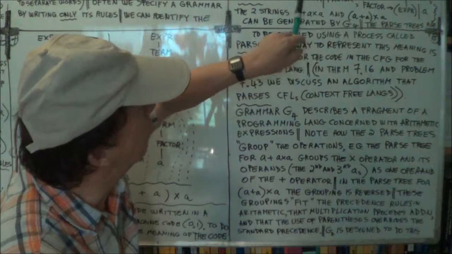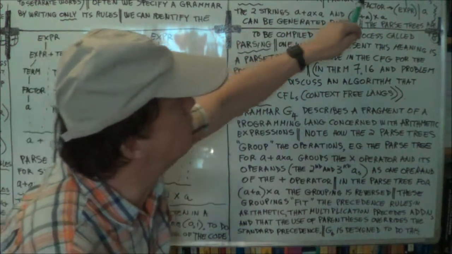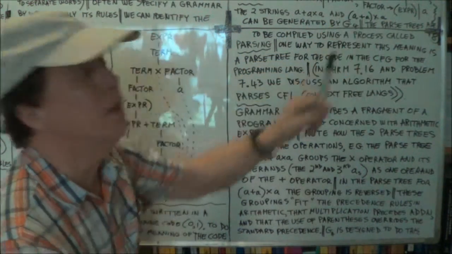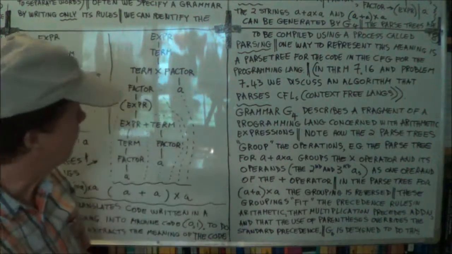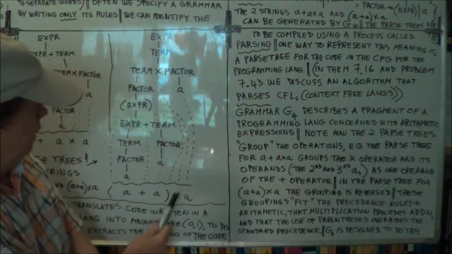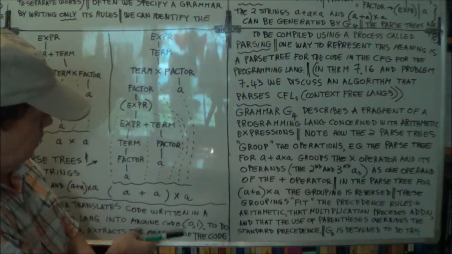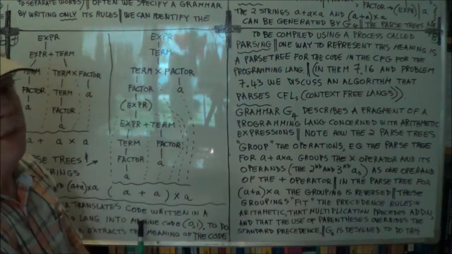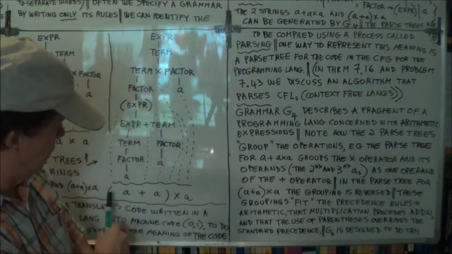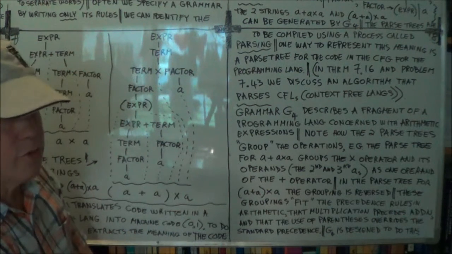But the person who designed this grammar chose rules, substitution rules, your members of big R, in such a way that your parse trees have the same precedence rules that exist for ordinary arithmetic.